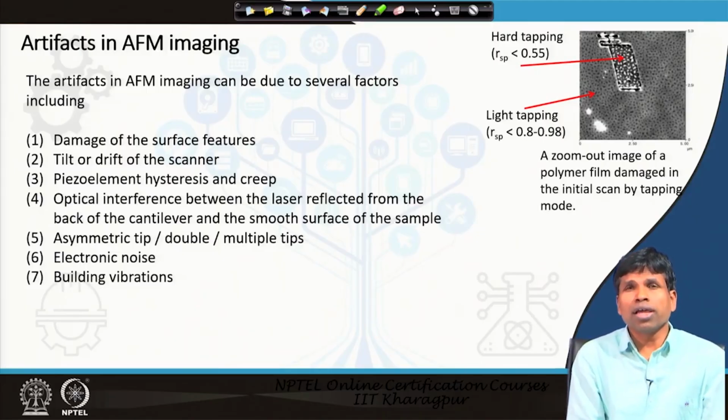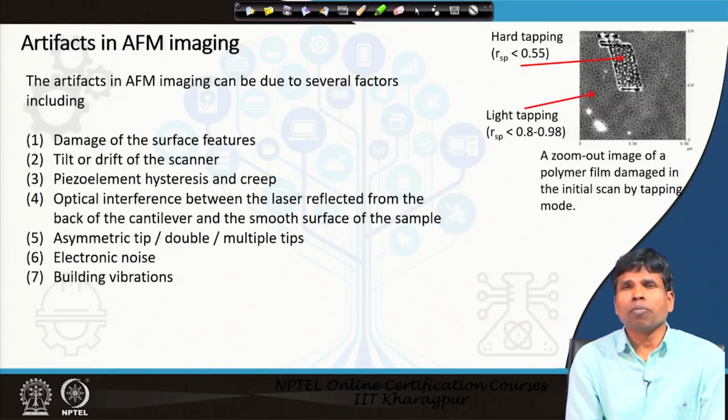Now, we have seen here that we could achieve atomic resolution in the contact mode, and to an extent, with certain types of samples, organic samples in very well controlled environments, in non-contact mode also we can get it in the present day atomic force microscope.